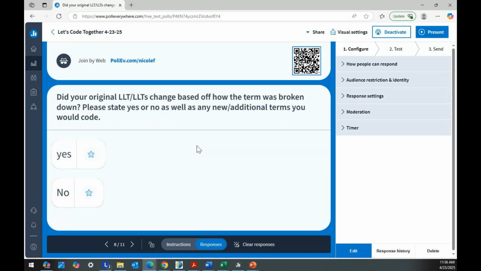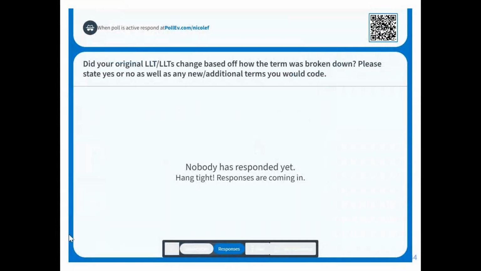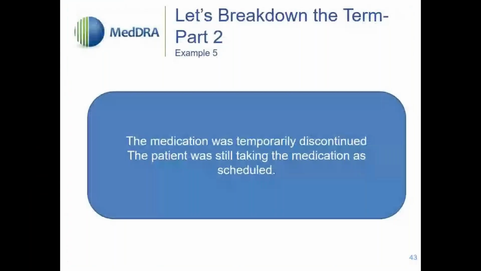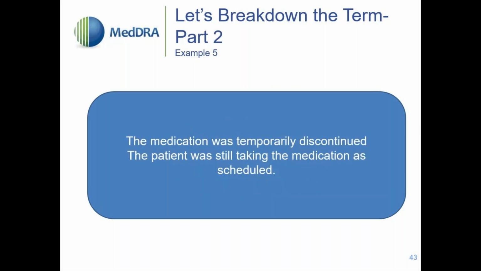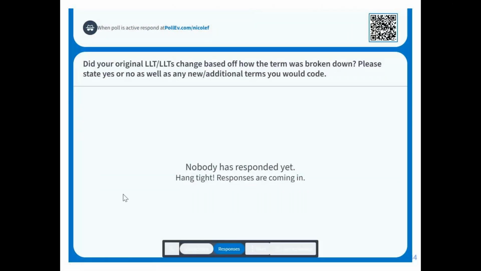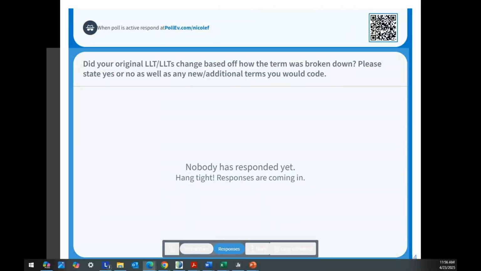If you say yes, you can feel free to type in also any additional LLTs that maybe you came up with. And again, I'll keep this open, but I'm going to go back to the slide to see, okay, so this is the part I was speaking about, or both parts actually. So you can see I broke it down into individual terms here, or individual concepts that may be used together when coding.